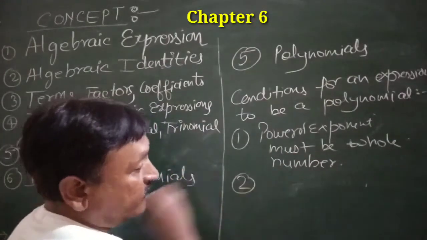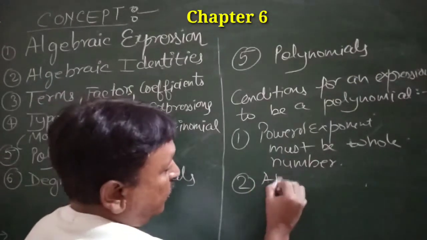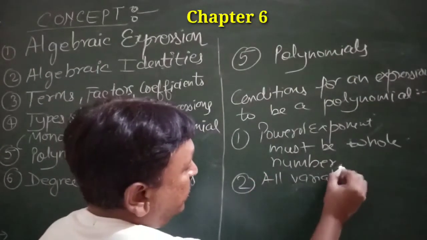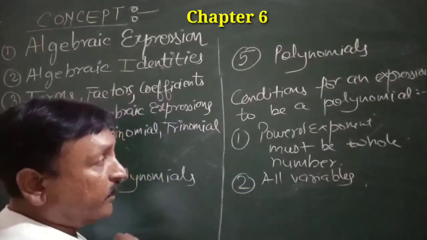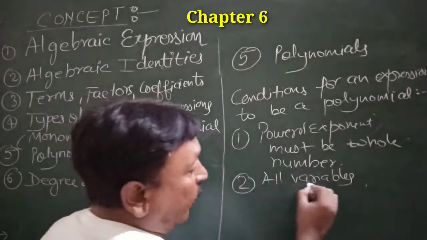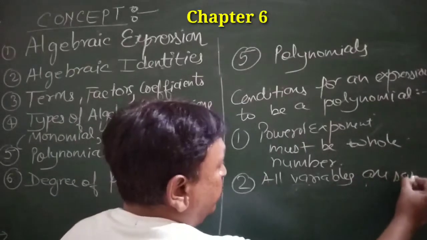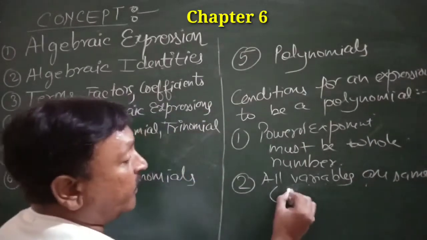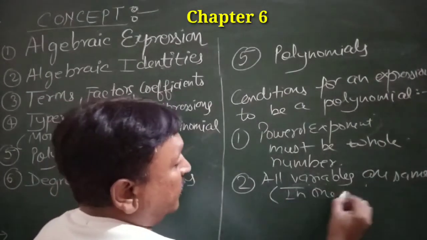Second thing, all variables. If all variables are the same, then it is said to be a polynomial in one variable.